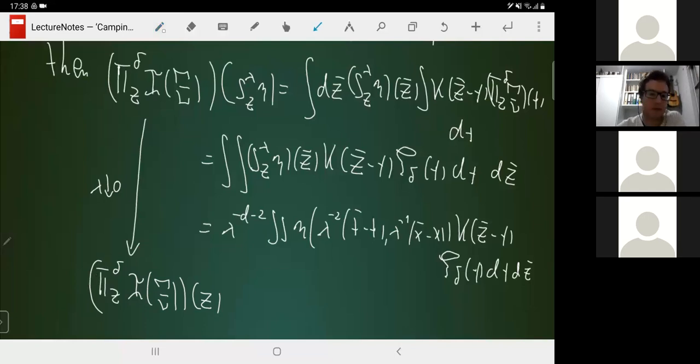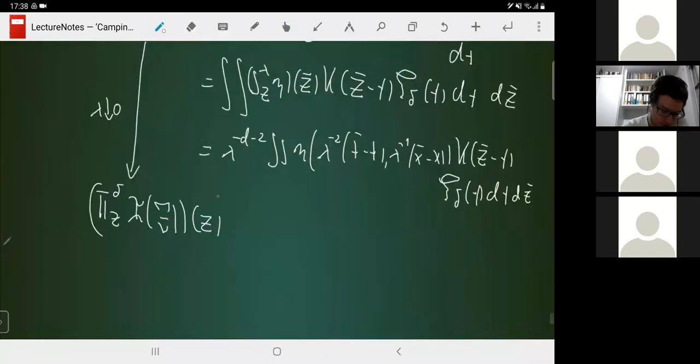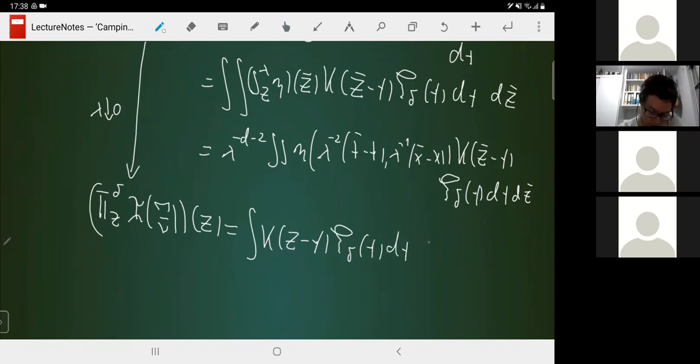But it turns out that this is not 0 if the definition is chosen in the wrong way, because this would be really simply k of z minus y, psi of delta y dy. And this is not 0.